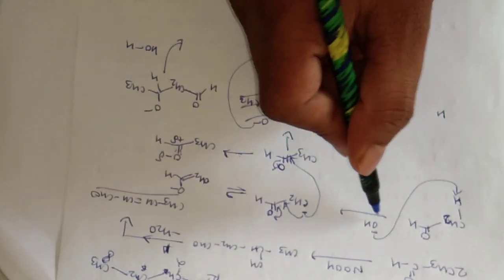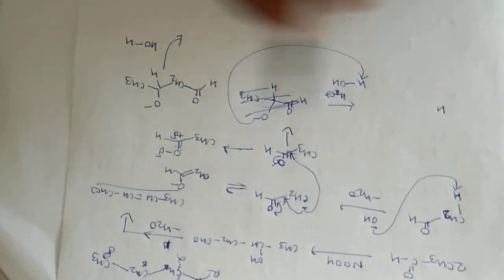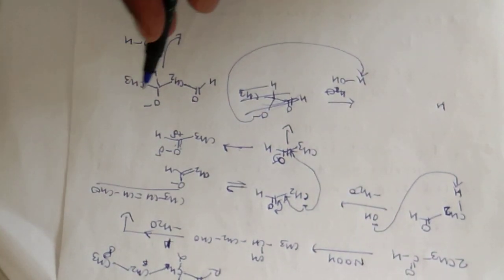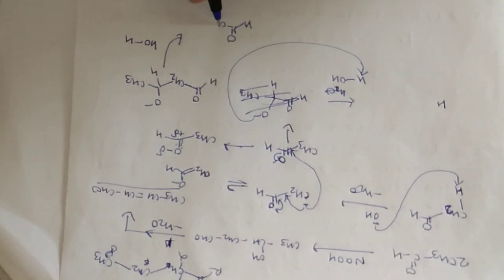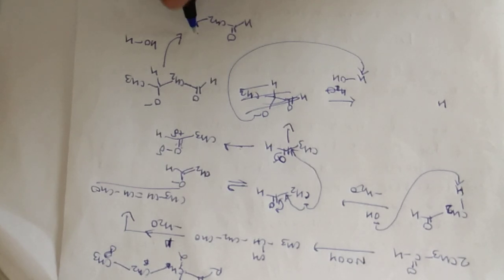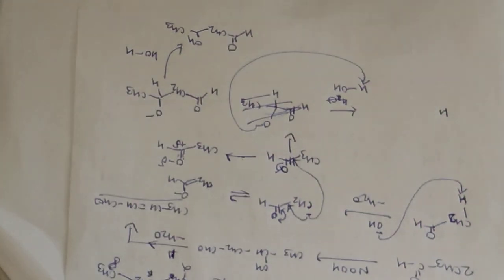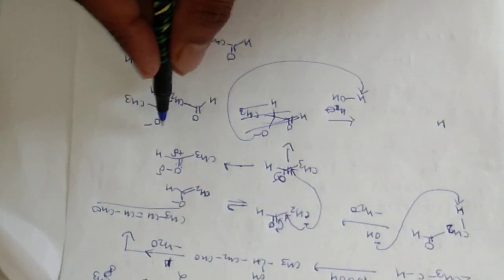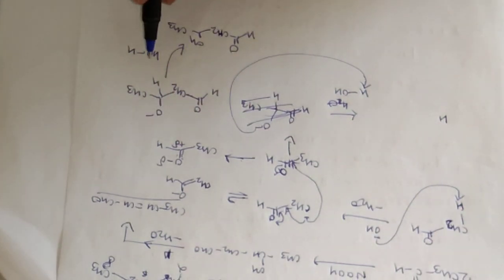The water comes from here: OH minus and H form water and water is removed. So this takes H plus from water, and the final product is CH2 OH CH3. Till now this is only the aldol reaction.